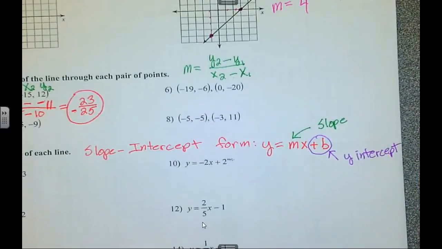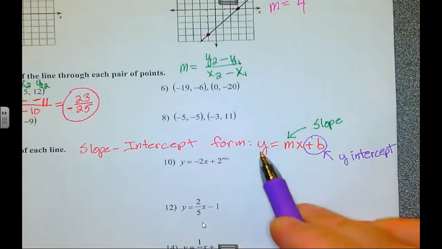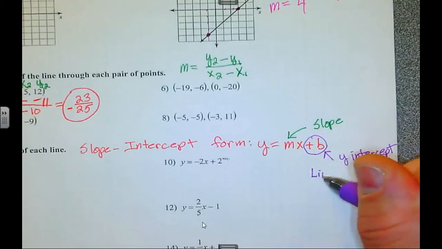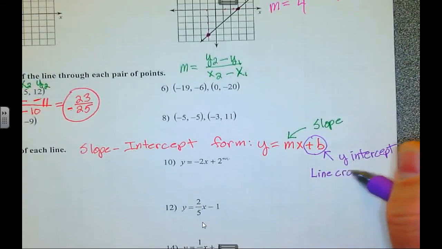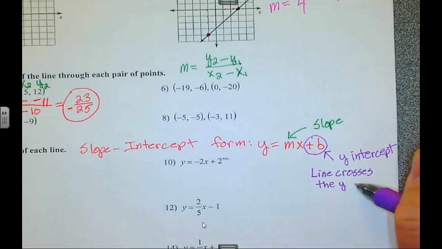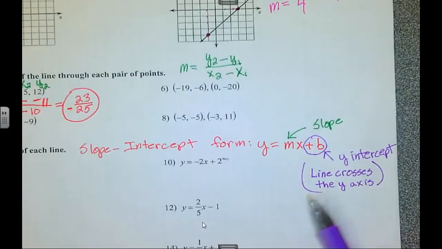What do I mean by y-intercept? That's a definition of slope. So where my line, this is a linear equation, so it's a line. So where my line crosses the y-axis. The y-intercept is where the line crosses the y-axis.